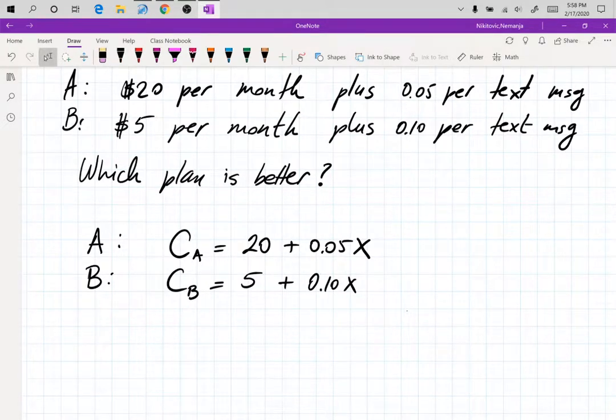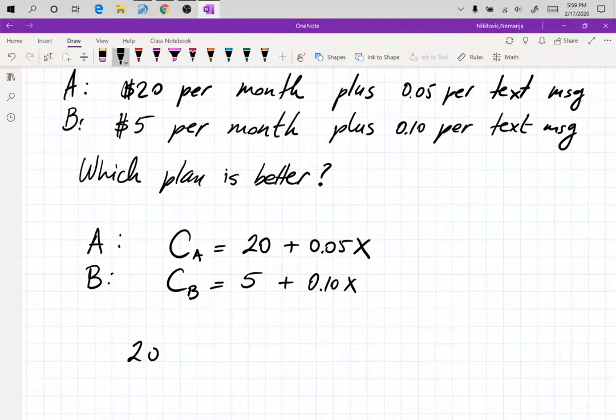And now we can set the costs of both of these equal to see what we would call the equilibrium number, right? What is the number of texts where it doesn't matter which one I pick, the cost is the same, right?